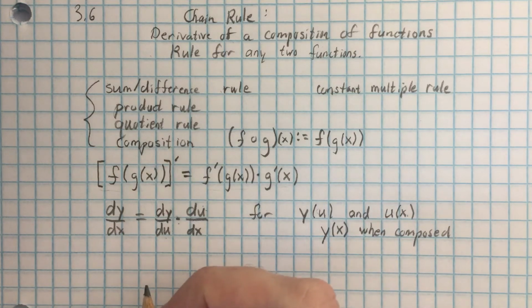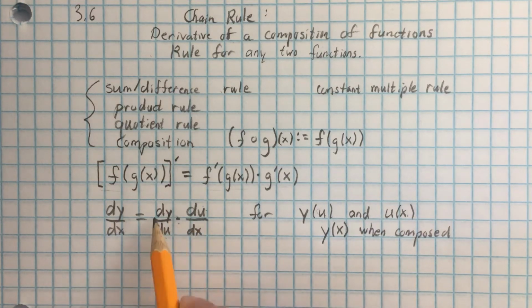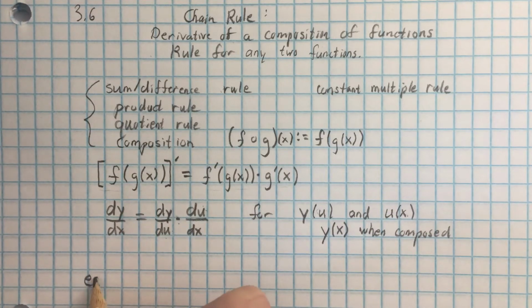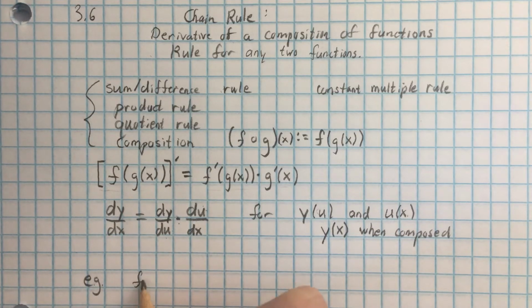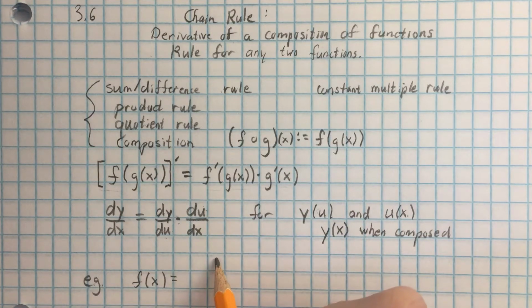So to clarify the main difference between these two sets of notations with an example here, we'll take a function, say f of x equals, I don't know, 5 on x squared plus 1 to the fourth, something like that.